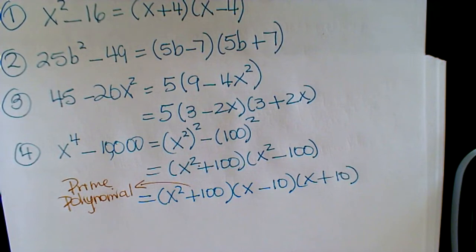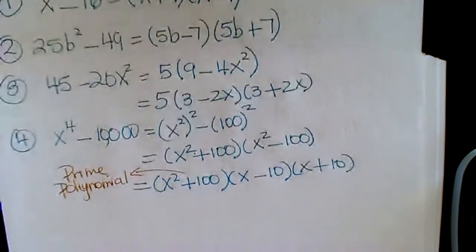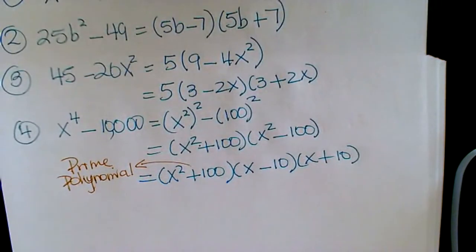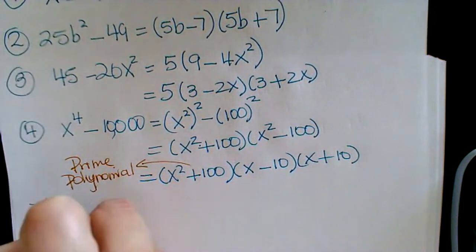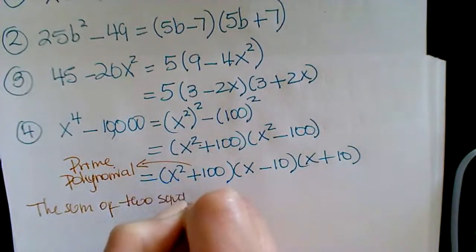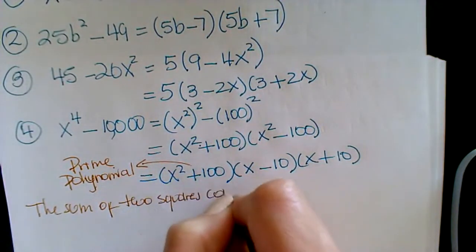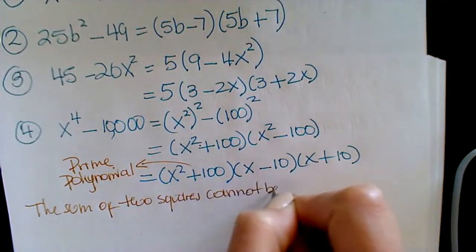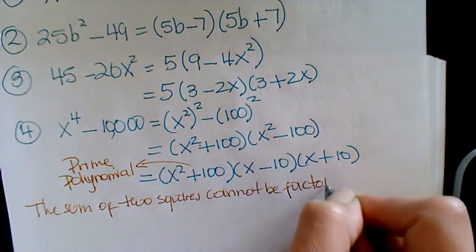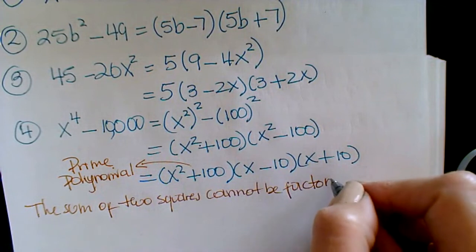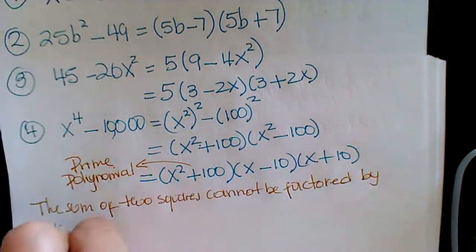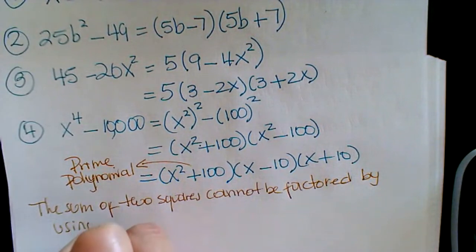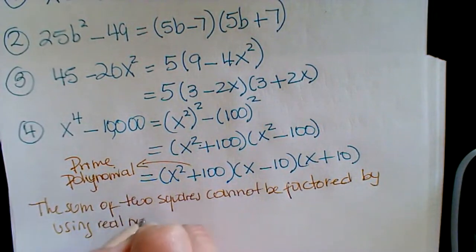And I'm just going to give you right here the sum of two squares cannot be factored by using real numbers.